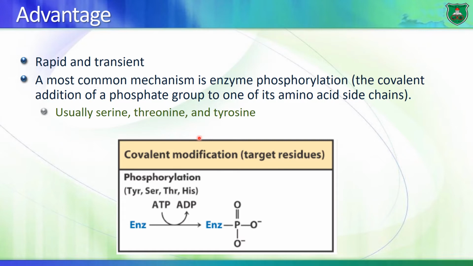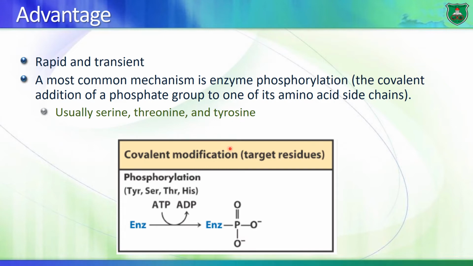This can be done on amino acid residues, mainly serine, threonine, as well as tyrosine. So you have what are known as serine threonine kinases, which phosphorylate serine and threonine residues, and tyrosine kinases that phosphorylate tyrosine residues.